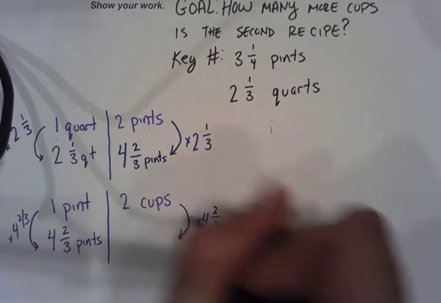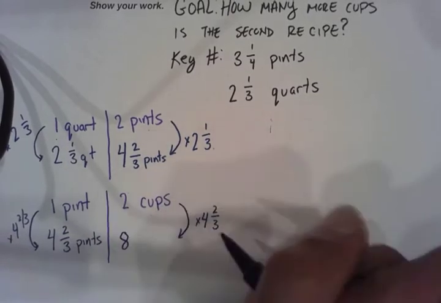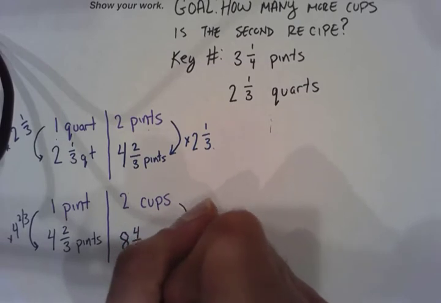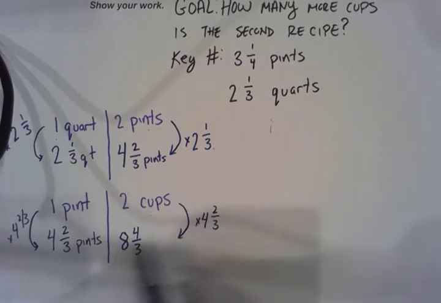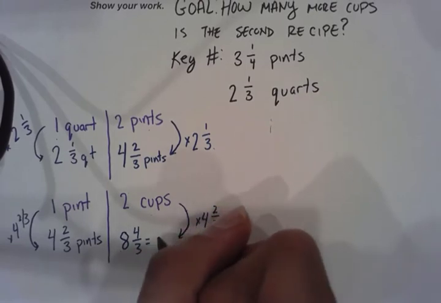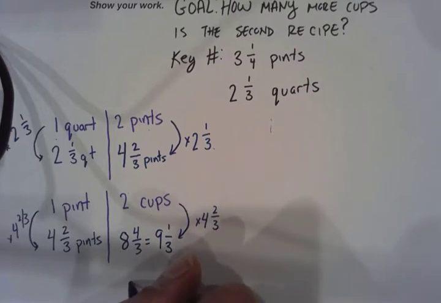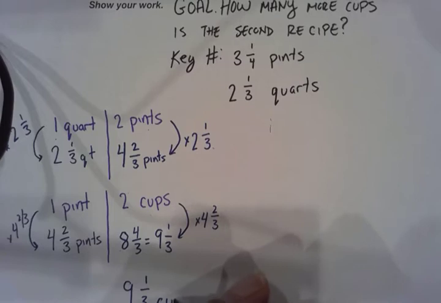So 4 and 2/3 times 2, well, that's going to be 8 and 4/3, because 2 times 4 is 8, and then 2/3 times 2 is 4/3, but that is the same as 9 and 1/3. So now we know our second recipe is 9 and 1/3 cups.